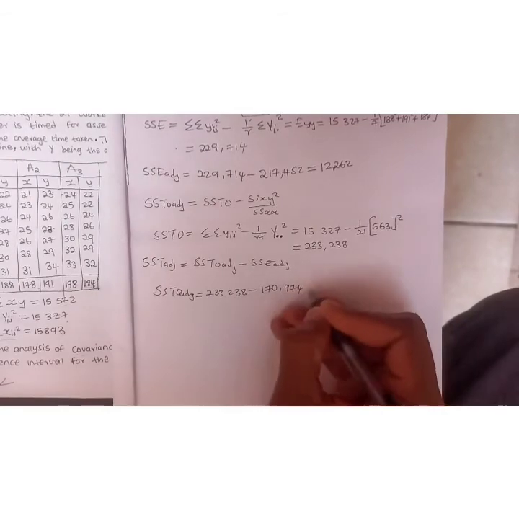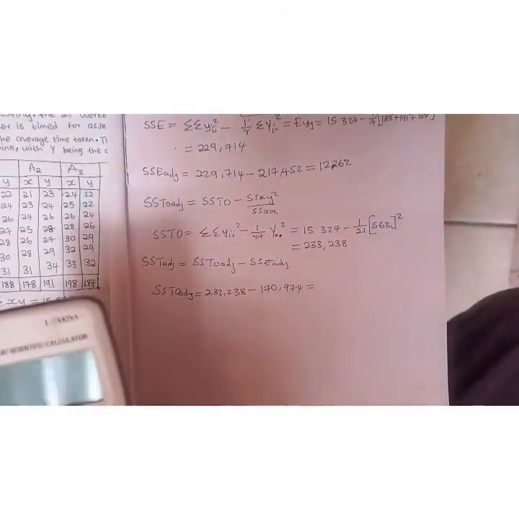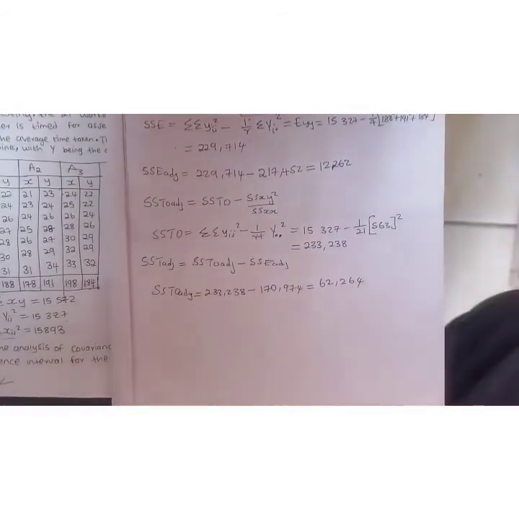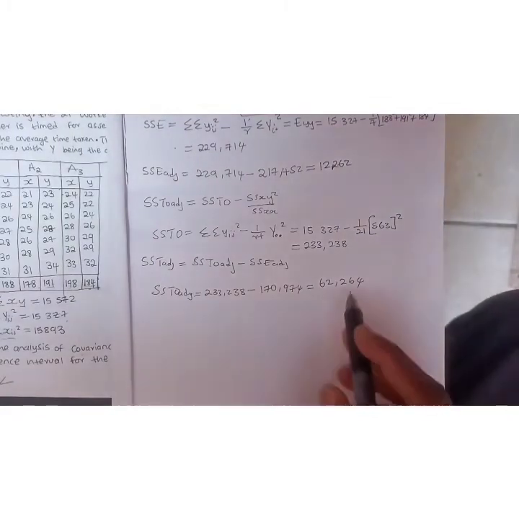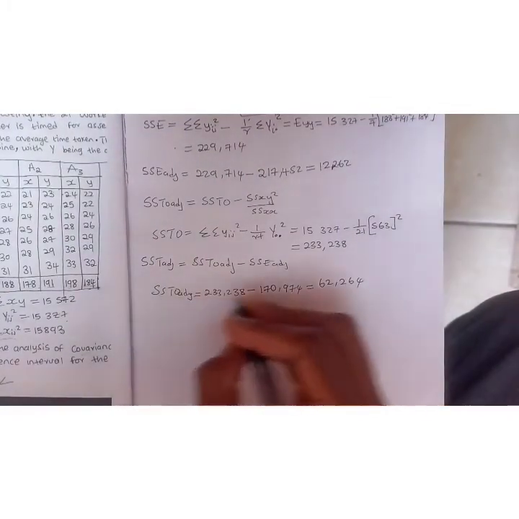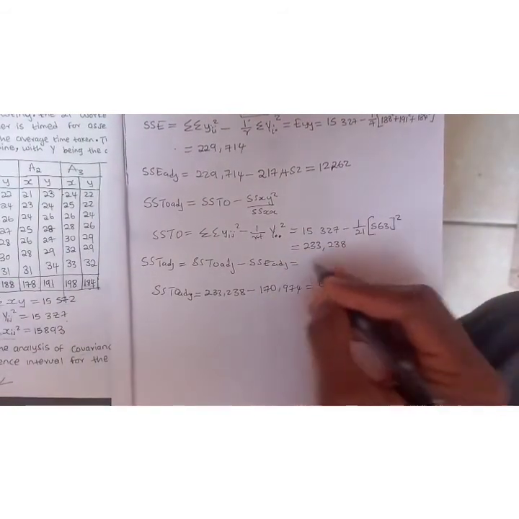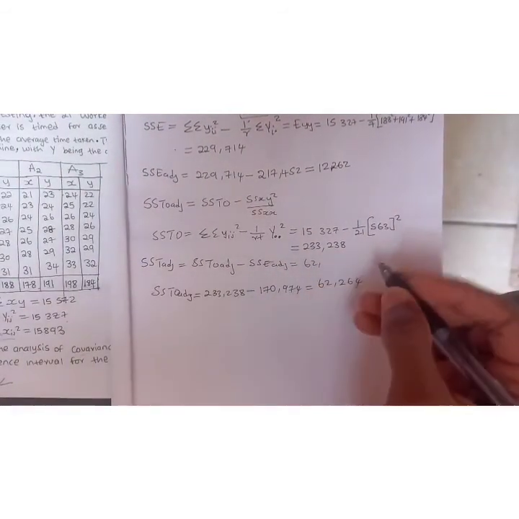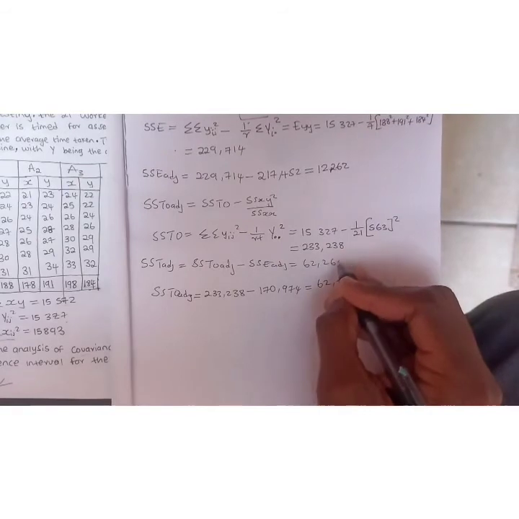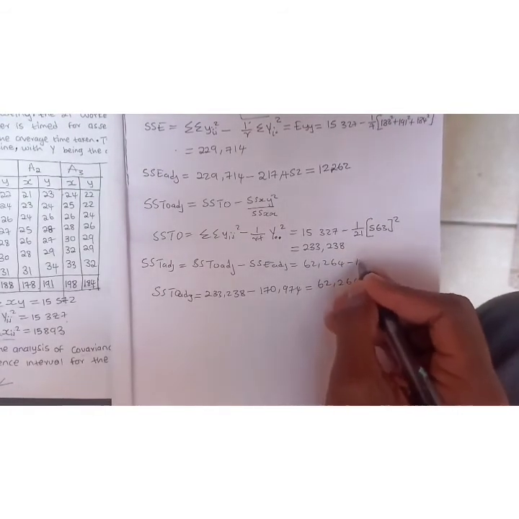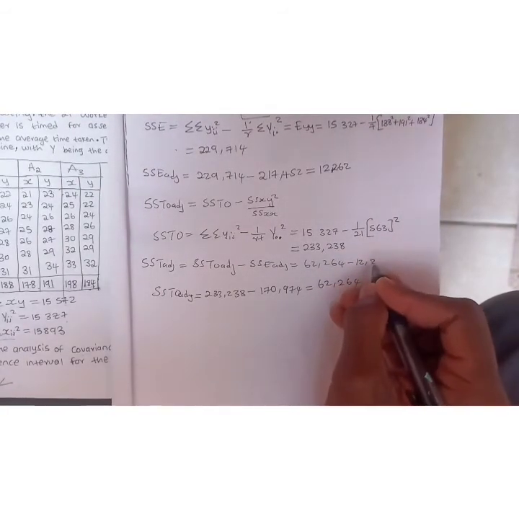170.974. So what do I get? So I'm getting 62.264. So which means indeed my SST adjusted will be this value 62.264 minus 12.262.